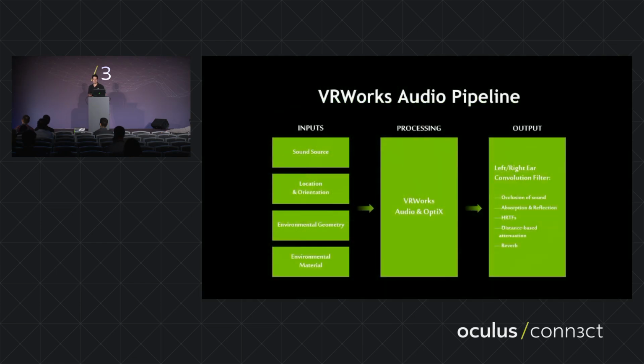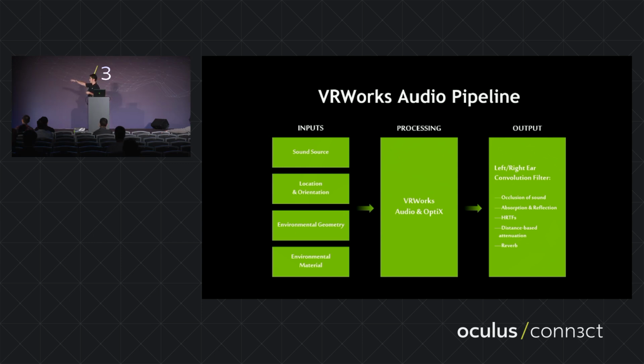So here's how it actually works and how you would use it in an application. We basically have a bunch of inputs. That includes obviously the sound source, the location, the orientation of the sound, some environmental geometry that you want to use for modeling this propagation, right? It doesn't have to be the exact geometry that you would necessarily use for display. It's probably something coarser than that, but it doesn't have to be. And then also some material descriptions for the materials that are on that geometry so that the bouncing of the sound waves can actually model the way that it would be reflected given the materials and the environment.